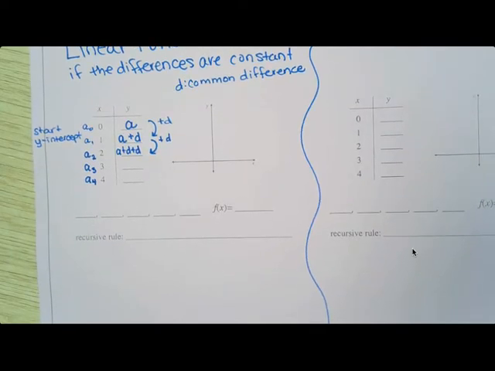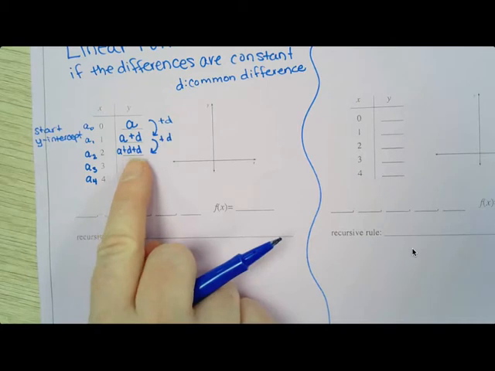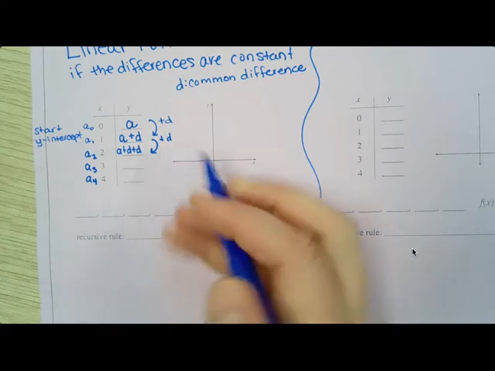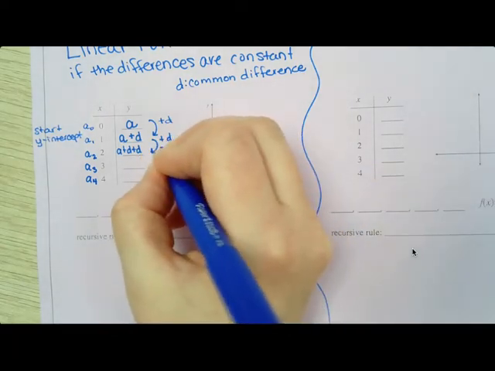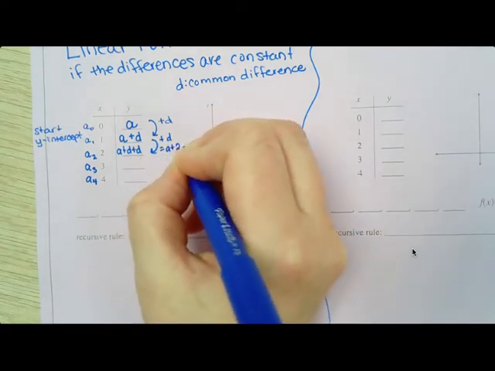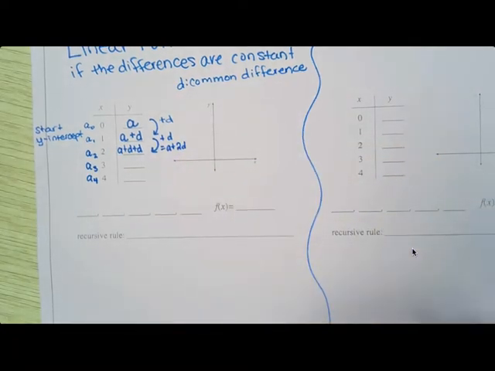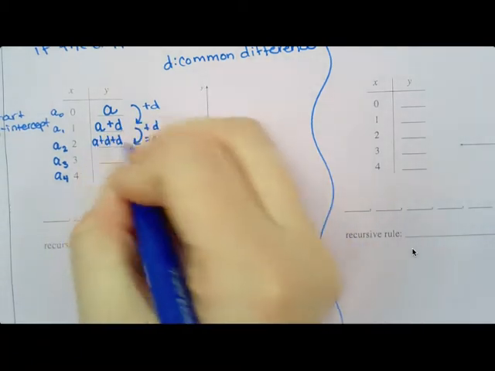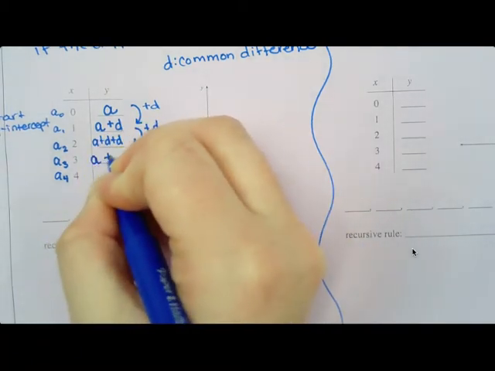There's an easier way to write that, though. What is this repeated addition? It's repeated addition, which is multiplication. So this should really be written as A plus 2D. And the next one, we are adding D again, so that's A plus 3D.